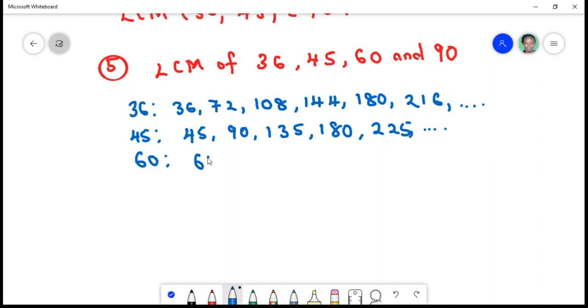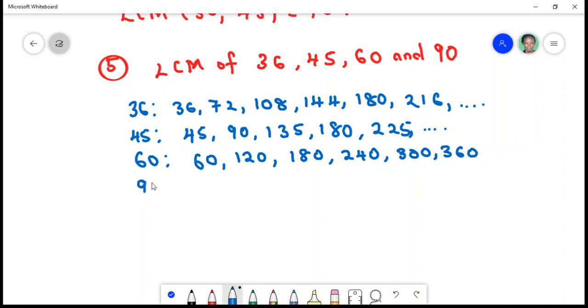So 60. What is 60? You have 60 plus 60, which is 120, plus another 60, 180, another 60, 240, another 60 is going to be 300, another 60 is going to be 360.